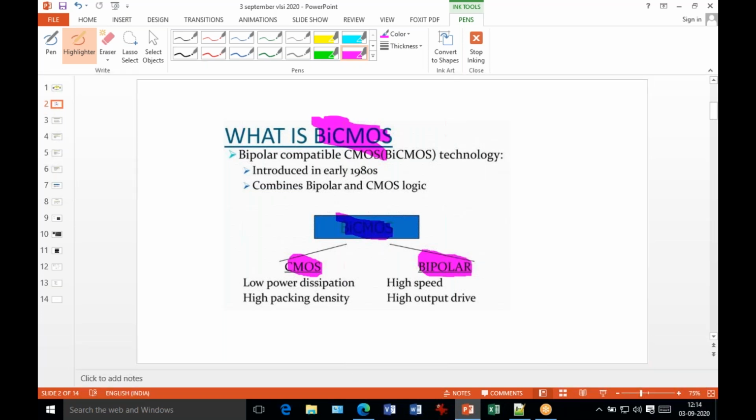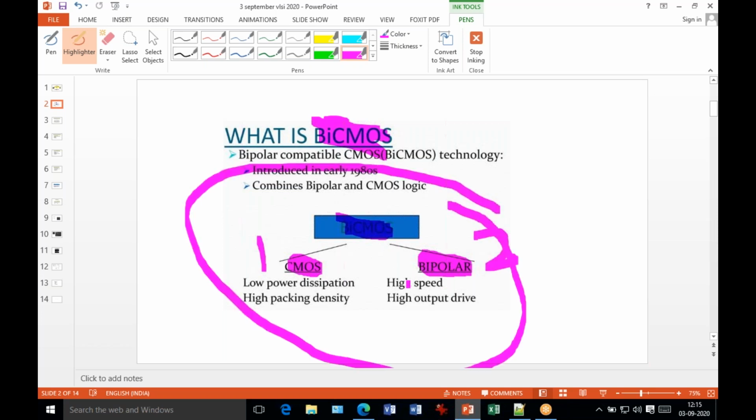If you use bipolar alone to form logic circuits like OR and NOR, this approach is not good. But if you combine these two technologies, then the performance of the circuit is good. That type of circuit is known as the BiCMOS technology. It is a combination of BJT transistors and CMOS devices like NMOS or PMOS.